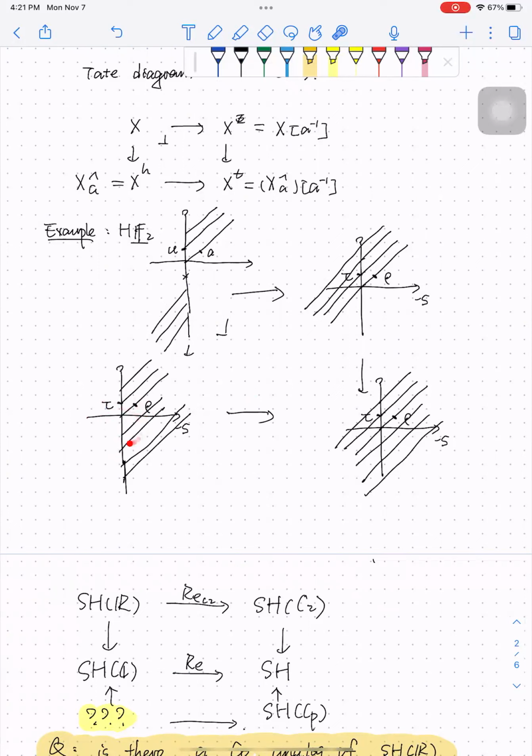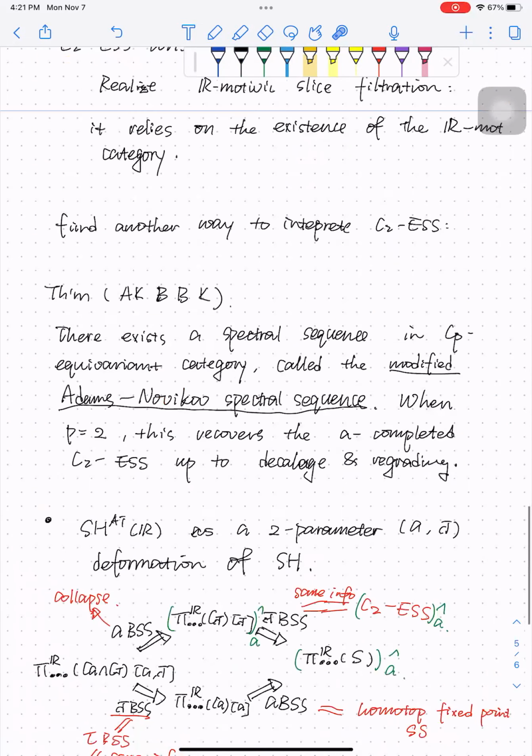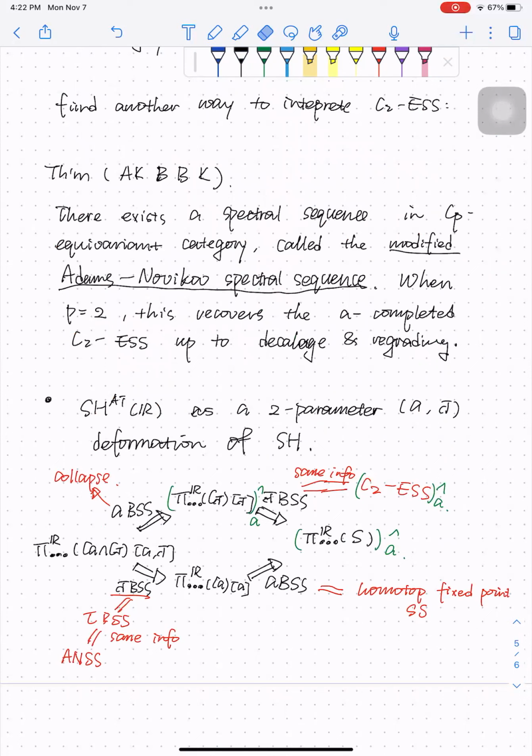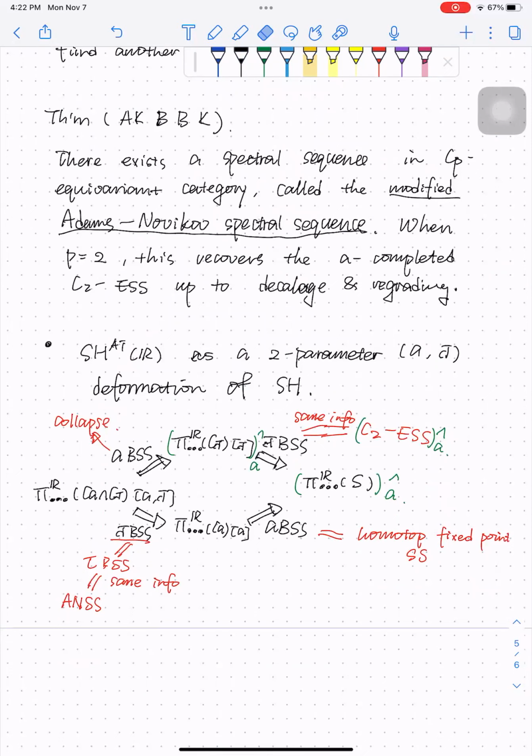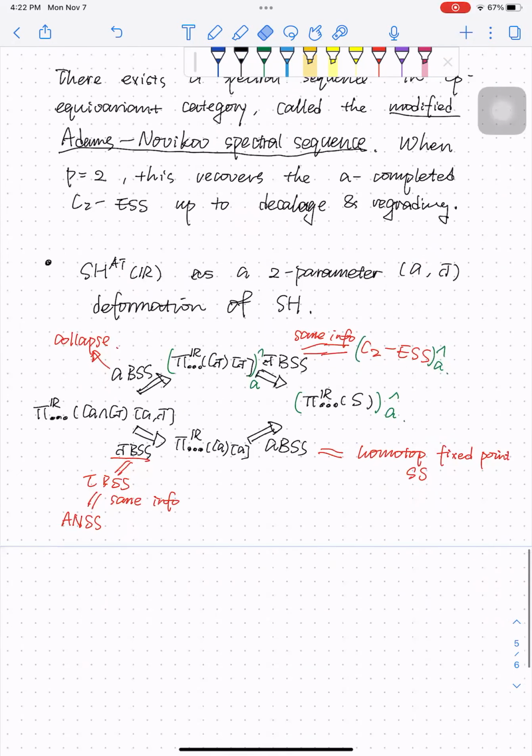And from the a-completed picture, you invert a, you get this Tate picture, the completed inverted picture. And then we're trying to go from here by some truncation to get here, and the pullback diagram information recovers the part without a-completion. And this is an ongoing project with the same people, and we're trying to go in this direction. Okay, I think I stop here.